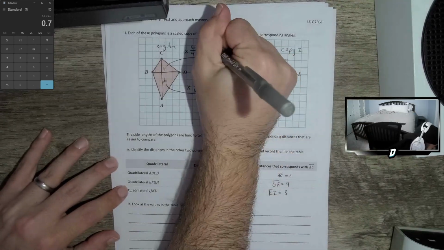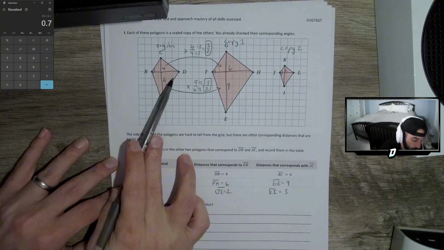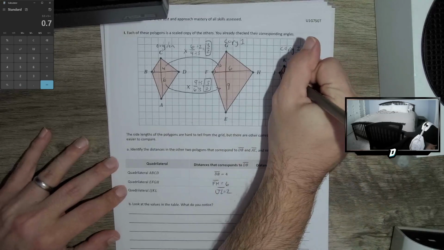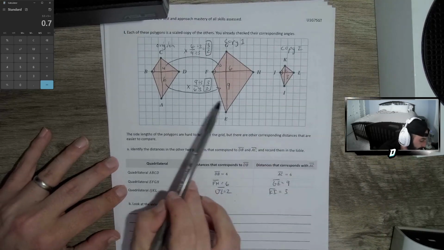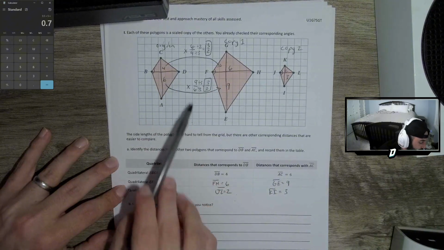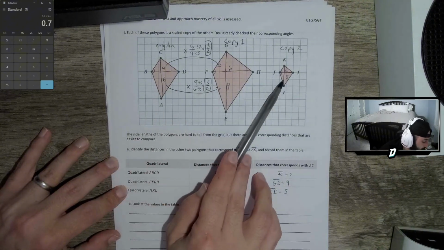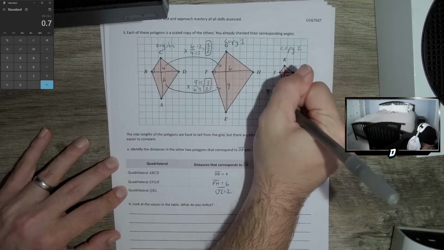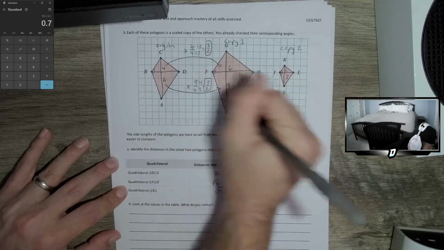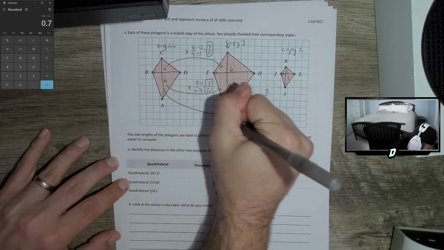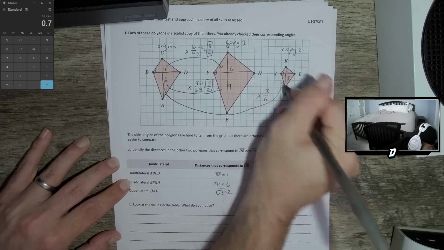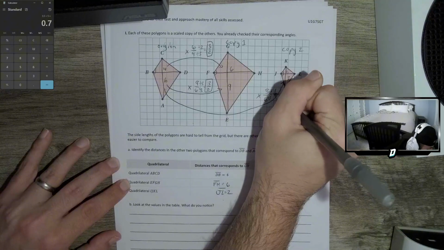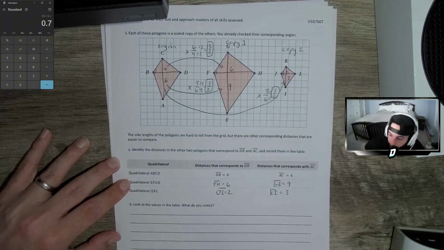And so what we can see is we multiplied both the vertical and horizontal line by a scale factor of 3/2. Which, if we were to go here, we can see we multiply that by 3/2. But what about when we go from the original to copy 2? Well, here, these are corresponding. So I know I'm multiplying this vertical line by 3/6, which is 1/2, right?